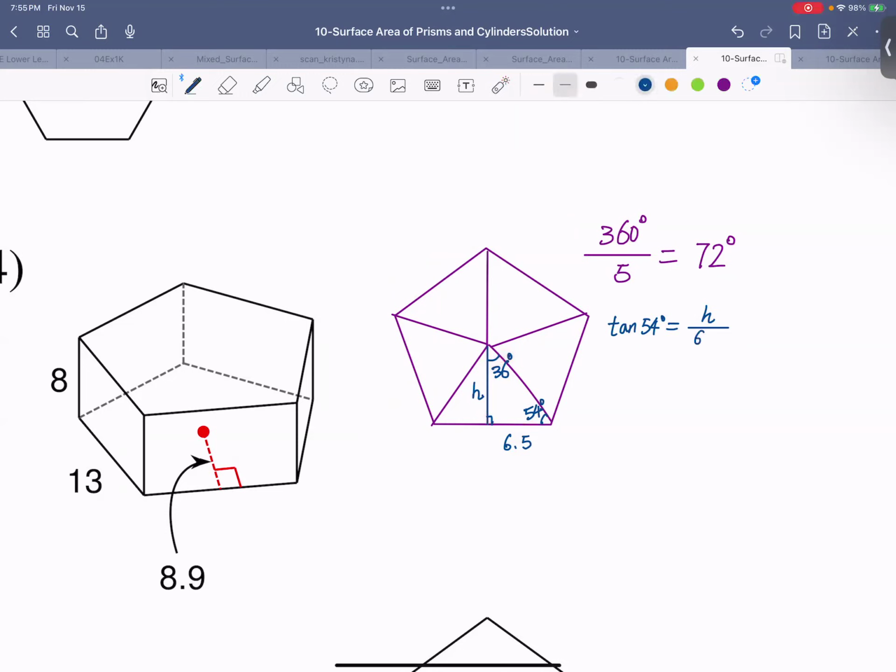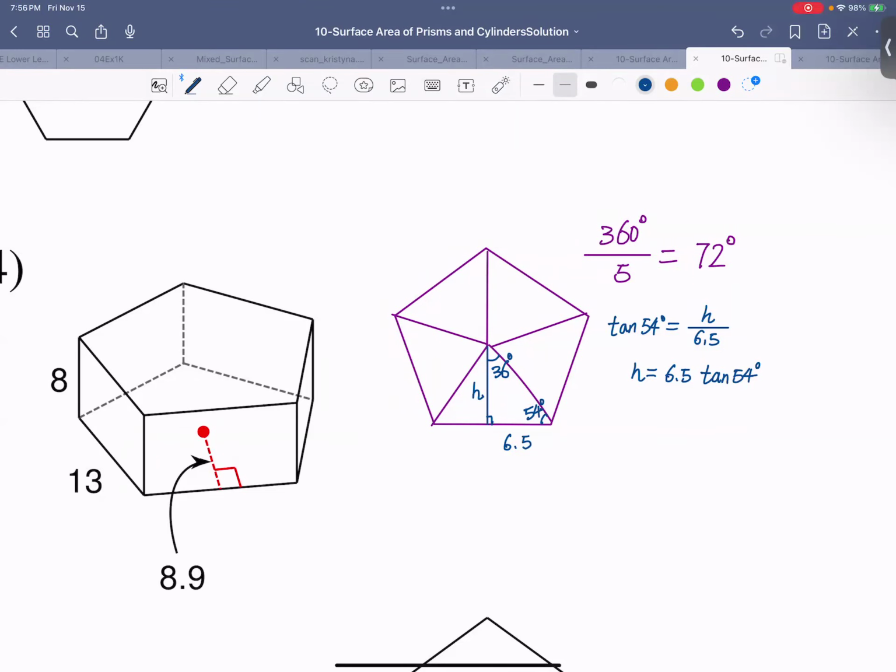Oh, right, yeah. So H becomes H equals 6.5 times tangent of 54. Okay? That makes sense?